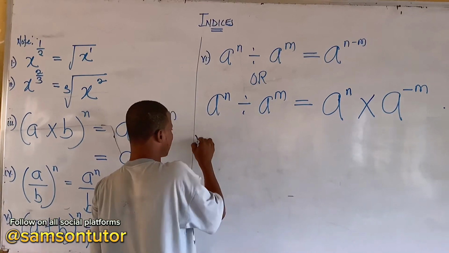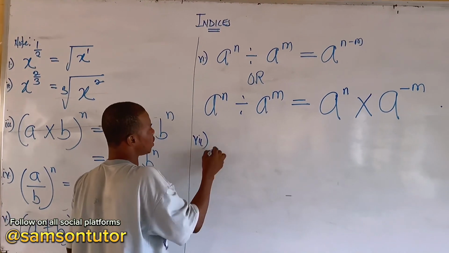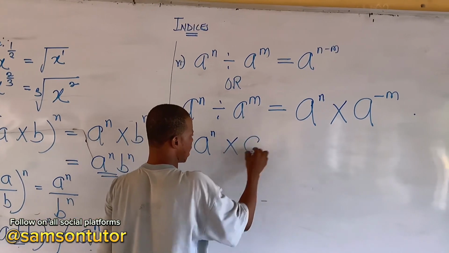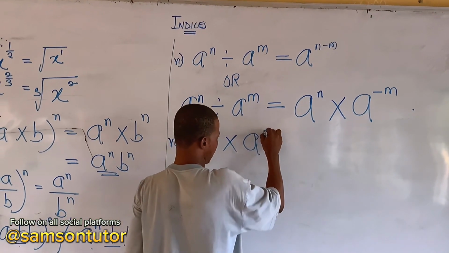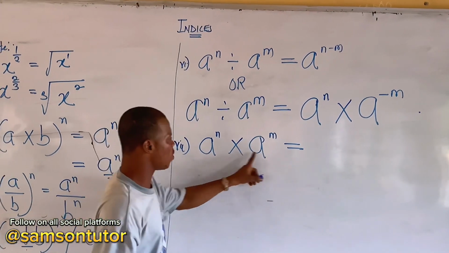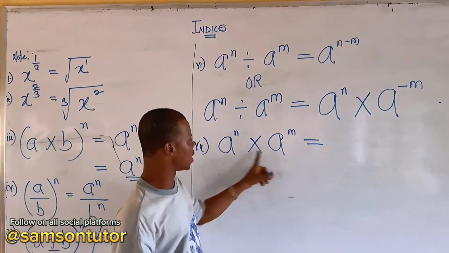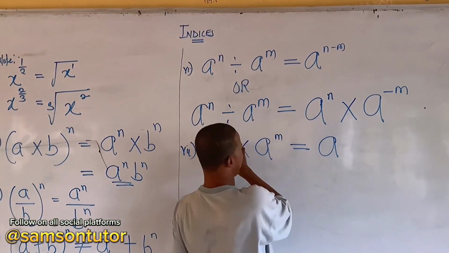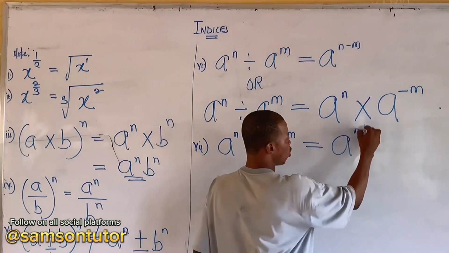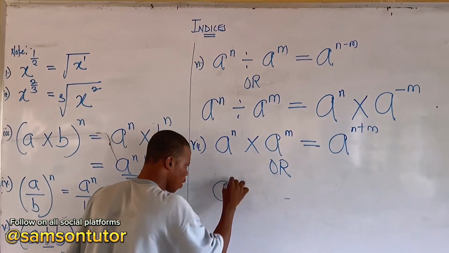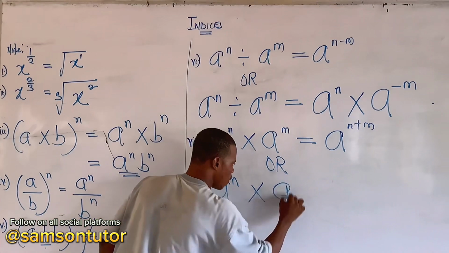Or the seventh one, which says a raised to power n times a raised to power m. This is the first law of indices, which says that whenever we have the same base multiplying each other, you take one of the base and add up the powers, which says n plus m. It can also be written like this: a raised to power n times a raised to power m.